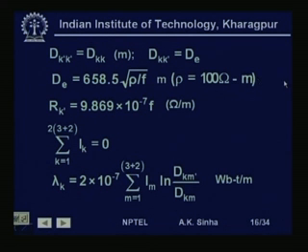He also found out that the resistance of these image conductors, which represent the ground current, is given by R_k dash = 9.869 × 10^-7 f ohms per meter, where f is the frequency.